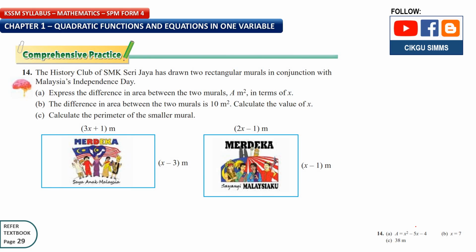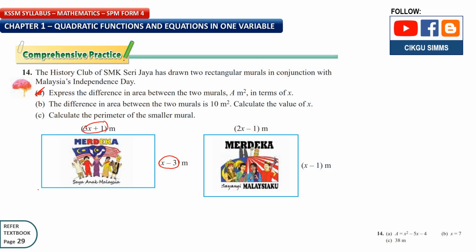Okay, question 14. The Historic Club of SMK Sriwijaya has drawn 2 rectangular murals in conjunction with Malaysia's Independence Day. First question, express the difference in area between the 2 murals in terms of x. So I have 3x plus 1 and x minus 3.